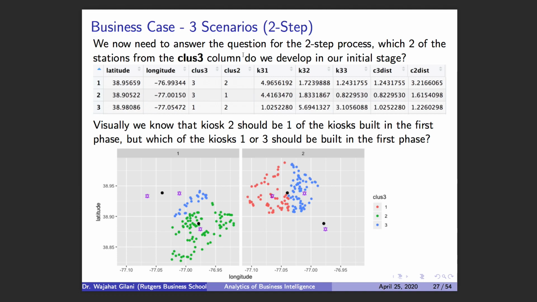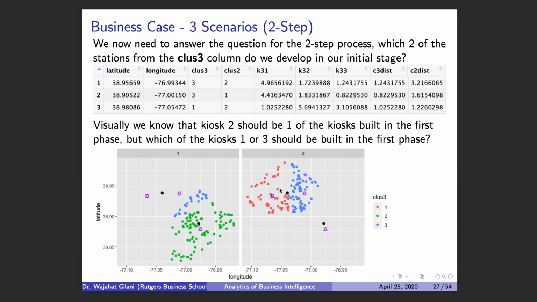Well, the question here becomes which two do we develop first? Visually, I showed you a graph something like this, that we know that kiosk 2 should be one of the kiosks built, or in this particular display, this should probably be one of the ones built.